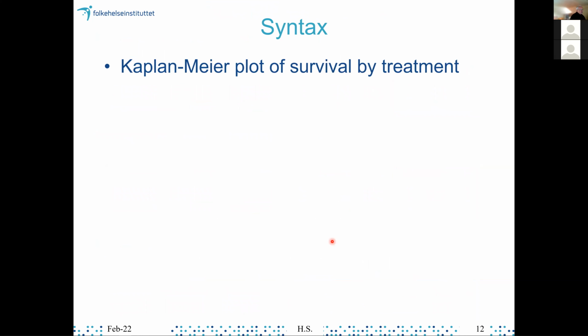Okay, now to standard syntax for doing standard survival analysis. We usually start with a Kaplan-Meier plot of survival by our exposure or treatment variable. And the command is called sts graph, by the treatment variable, with a risk table showing us how many people are present at different stages of follow-up.